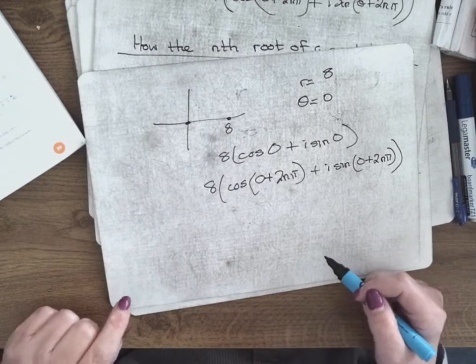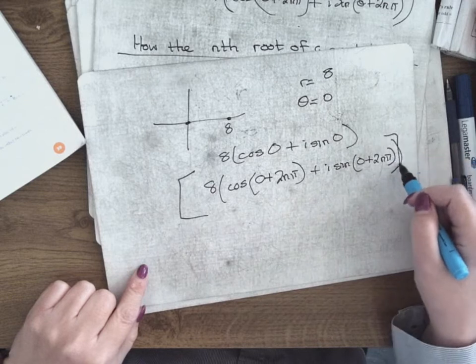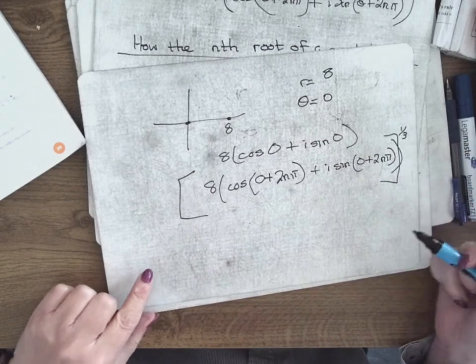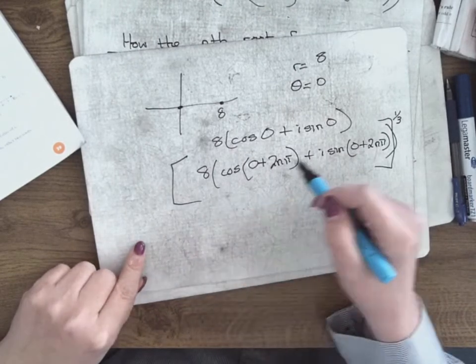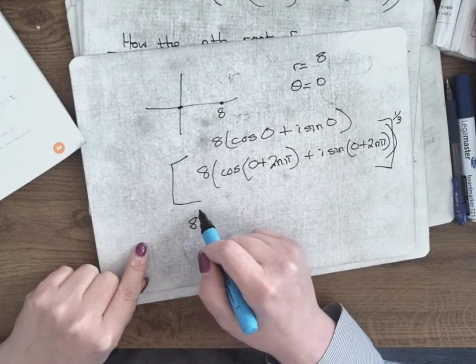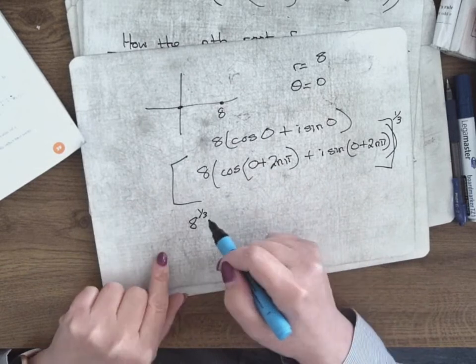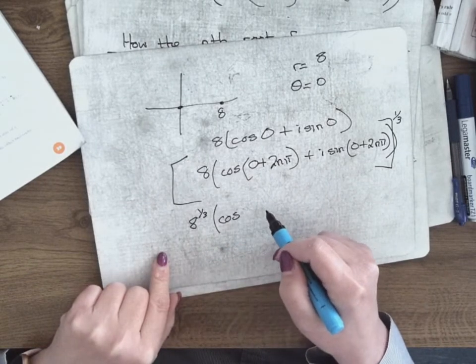Agreed? Now I need to raise that all to the power of 1/3. So De Moivre's theorem says if you want to raise that to the power of 1/3, you raise the modulus to the power of 1/3, and then you multiply the angle by 1/3.